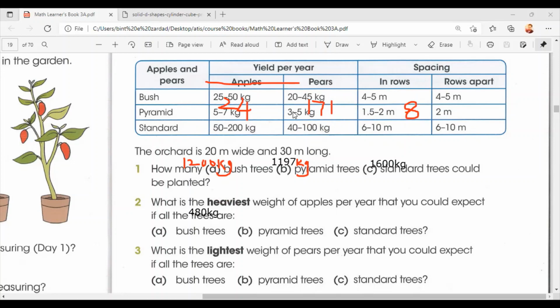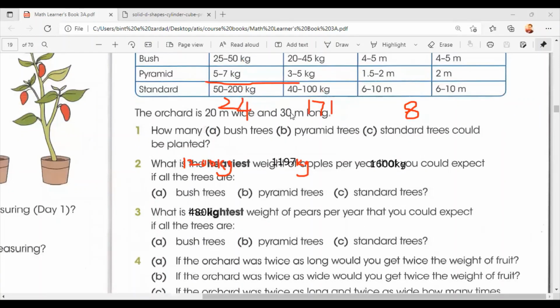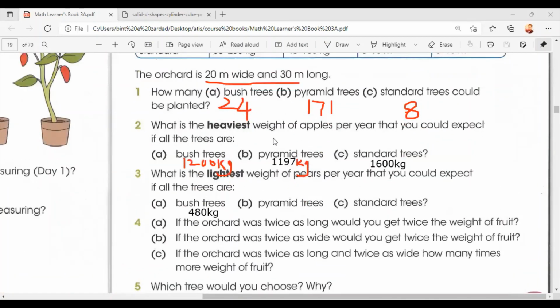So it's coming 513. So we write here 513 kgs. Same like this, and it's coming 320 if you multiply with the light weight.